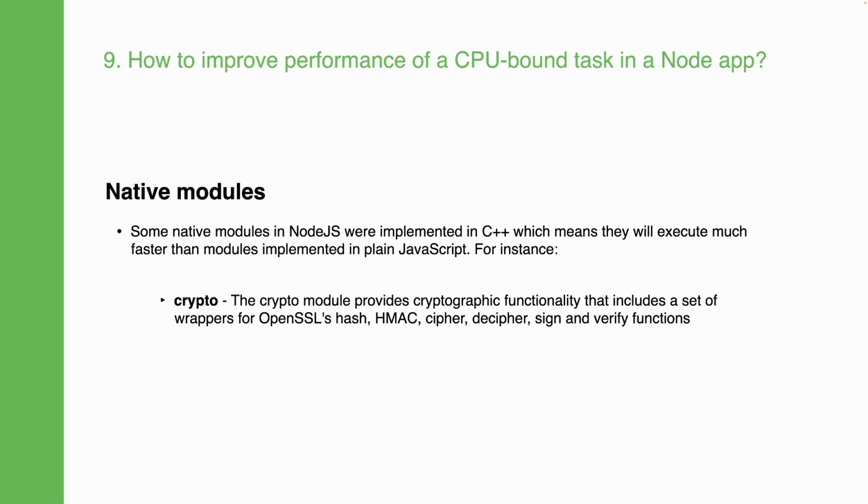For example, the crypto module, which provides cryptographic functionality, including wrappers for OpenSSL's hash, HMAC, cipher, decipher, sign, and verify functions. Although it's implemented in C++, it offers a JavaScript API for easy usage.